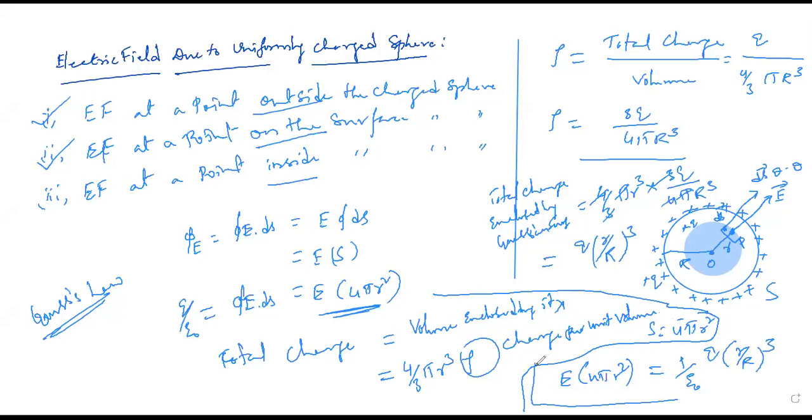So simplify this, everyone. If you simplify this, r cube and r square will get cancelled. Then E is equal to Q by 4 pi epsilon naught into r by R cube. This expression you will get.